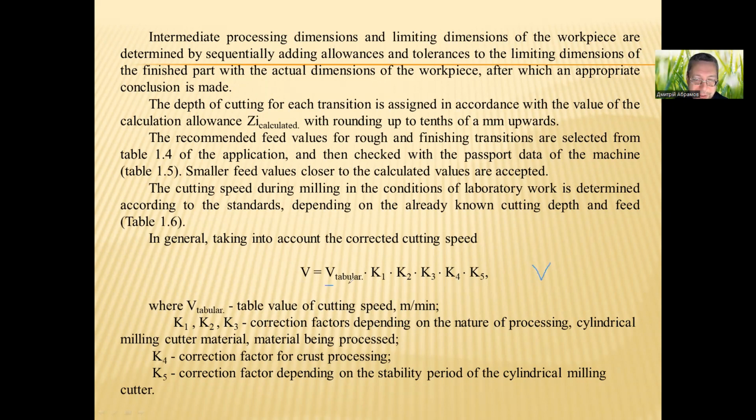In this formula, V tabular is the table value of cutting speed; K1, K2, K3 are correction factors depending on the nature of processing, cylindrical milling cutter, material being processed; K4 is the correction factor for crust processing; K5 is the correction factor depending on the stability period of the cylindrical milling cutter. Please write down to your notes the formula and these parameters.